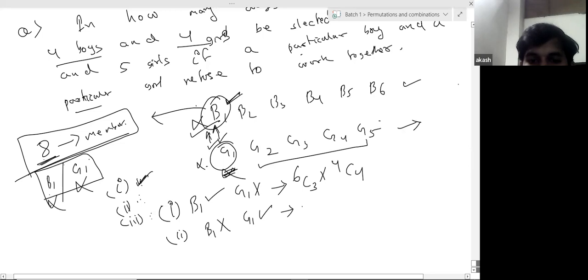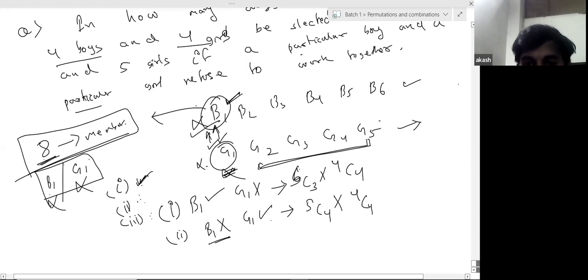So 6C4, or sorry, 5C4, because B1 cannot be there. So you have to choose 4 boys out of 5 boys, and G1 is already there. You have to choose 4 girls out of 4 girls.